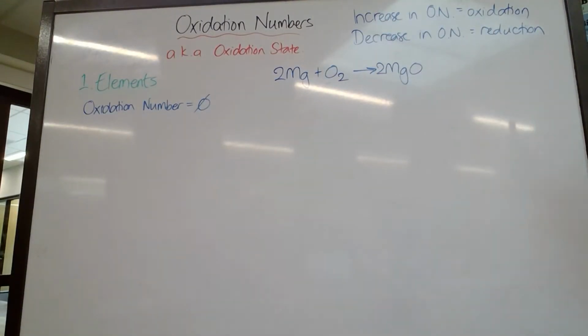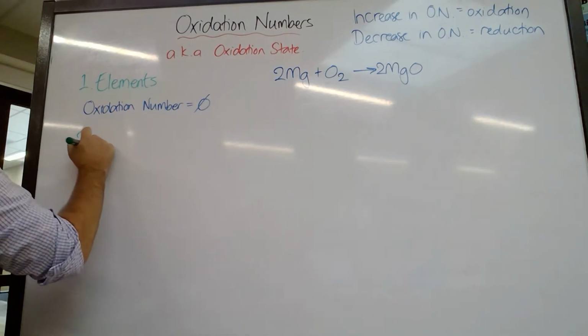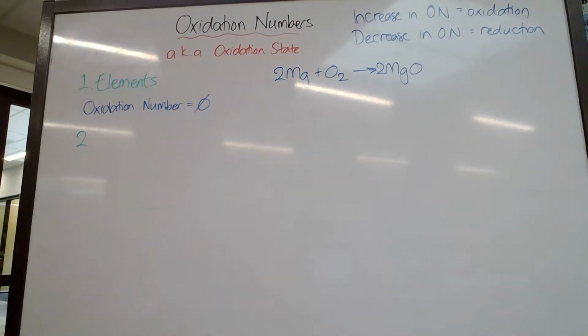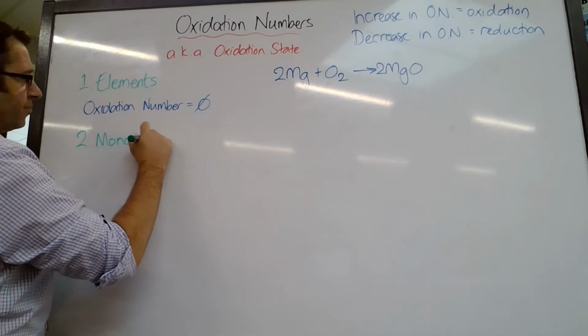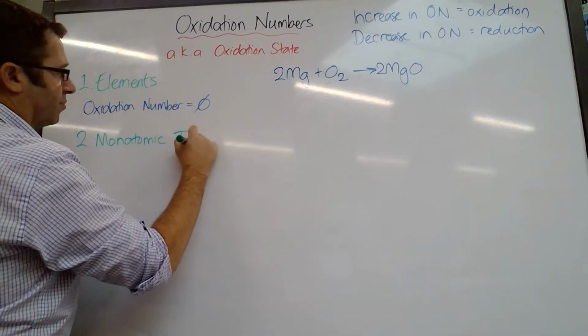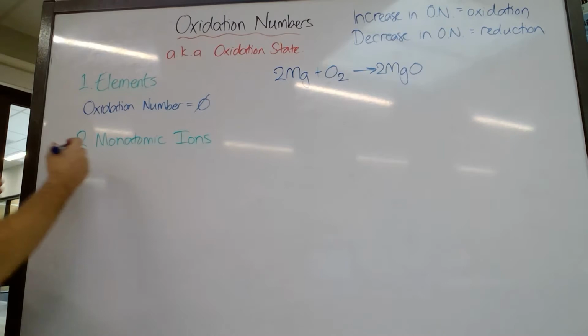Then, if I stick with this as our example, the product doesn't have elements in it anymore. It's got two ions, a magnesium ion and an oxide ion. So the next thing we look for is what we call monatomic ions, mon being one. For these, the oxidation number equals the charge of the ion.